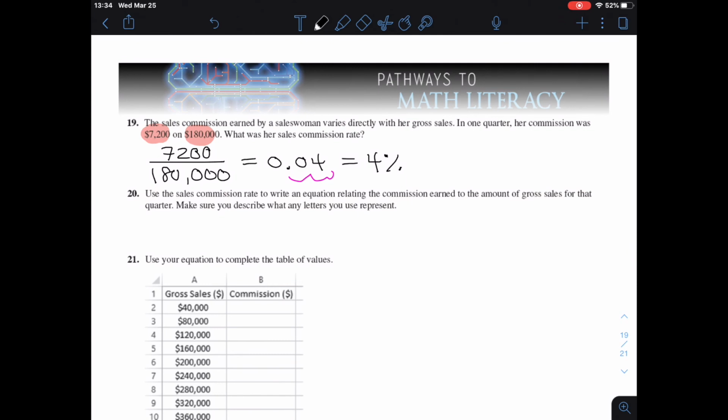So now we can create an equation involving that. We're going to let C be how much commission she's making, and we're going to let S be the gross sales.